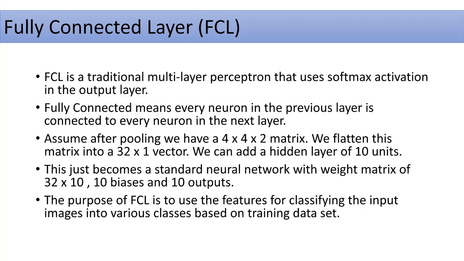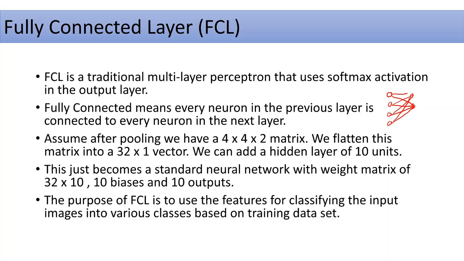The term fully connected implies that every neuron in the previous layer is connected to every neuron in the next layer. So here if we have certain neurons, suppose these many, then fully connected means that every neuron from the previous layer is connected to every neuron in the next layer.